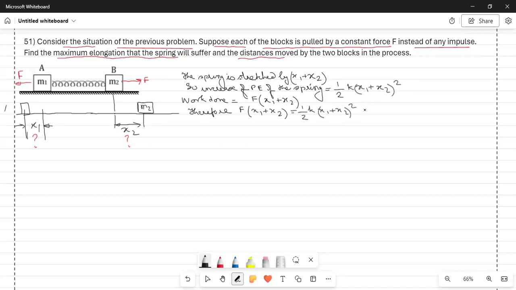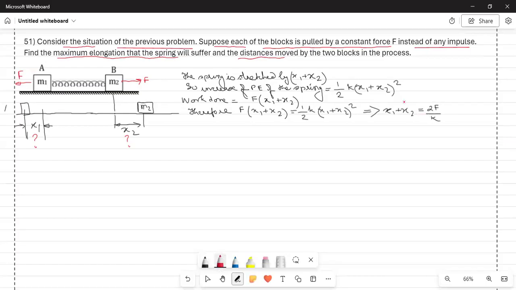From here, we can easily find this. This is (x1 plus x2) on the left-hand side. On the right-hand side, (x1 plus x2) whole square. So I am left with (x1 plus x2) on the right-hand side. So x1 plus x2 is equal to 2F by k.